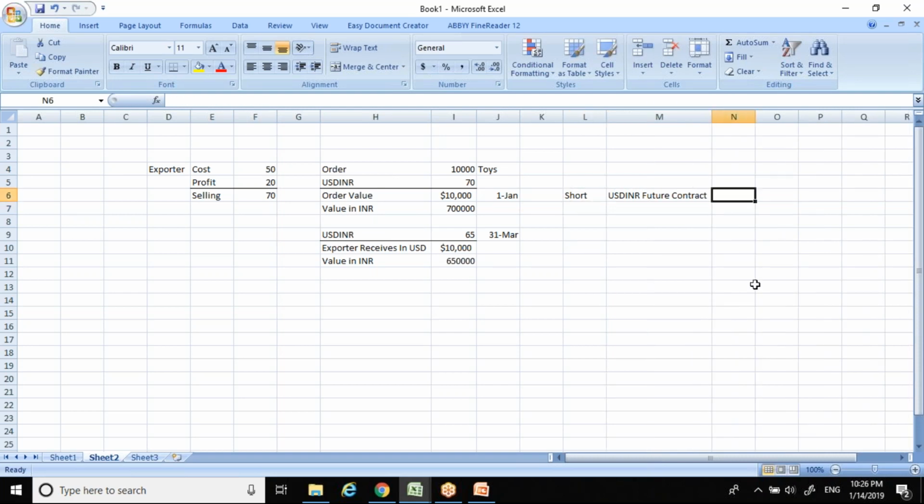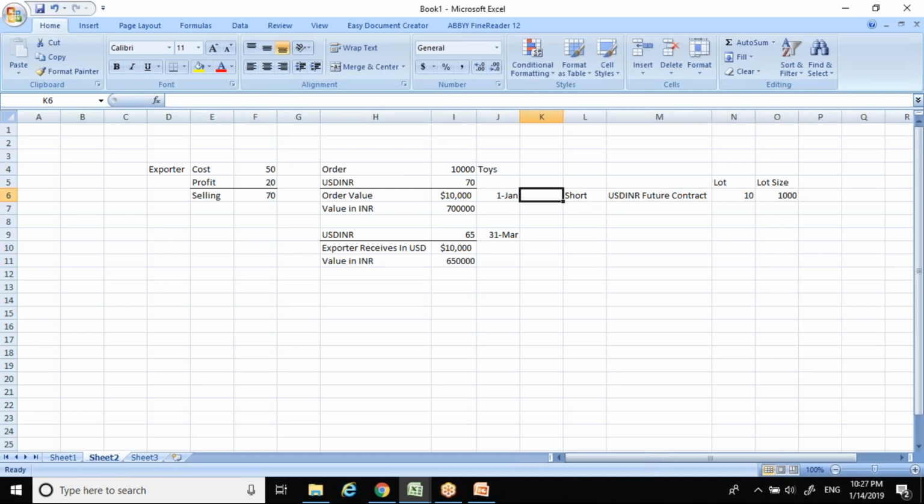Let's suppose 10 lots, and the lot size is around 1,000. In India we have a 1,000 lot size. So total 10,000 quantity. He's going to short sell.